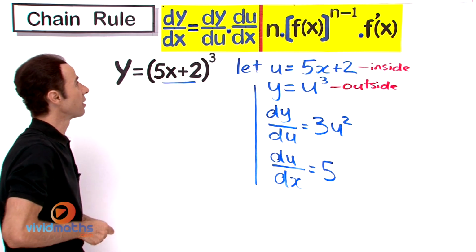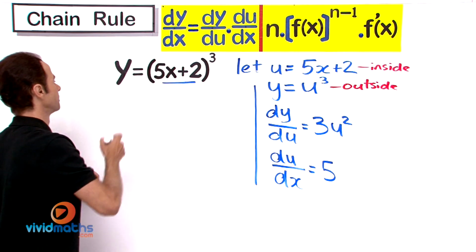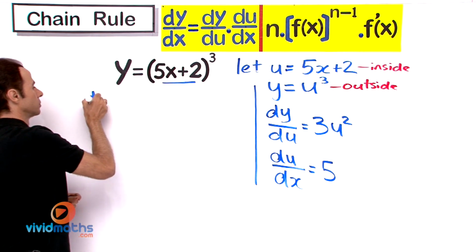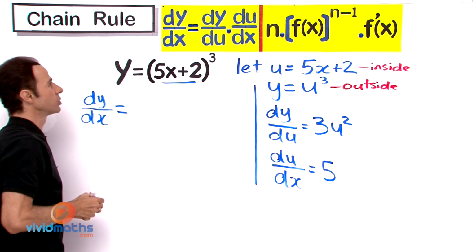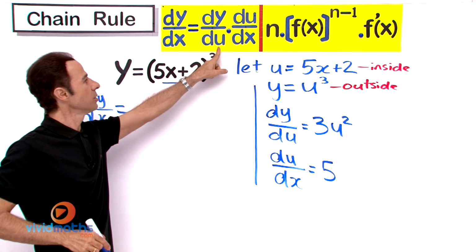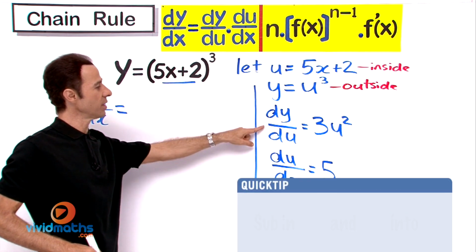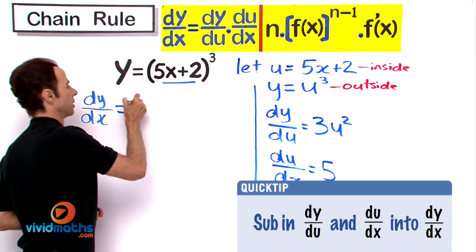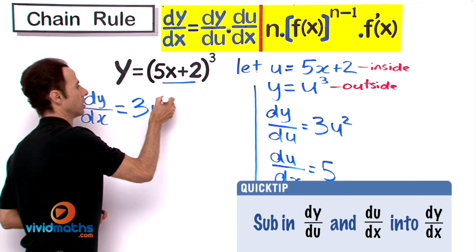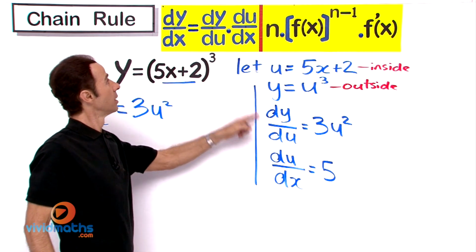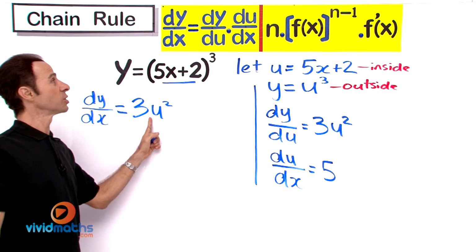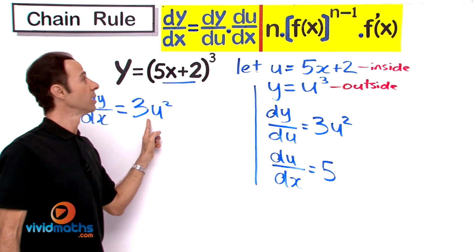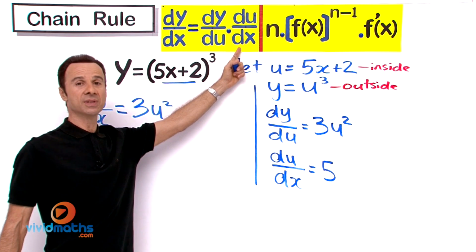So let's work this out. So dy/dx is equal to dy/du. Now what's dy/du? That's right over there, 3u squared. There we are, dy/du. Next we're going to multiply by what's on the right hand side. As you can see here, it's du/dx.